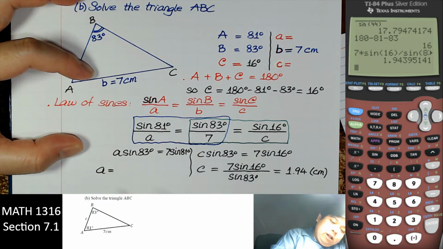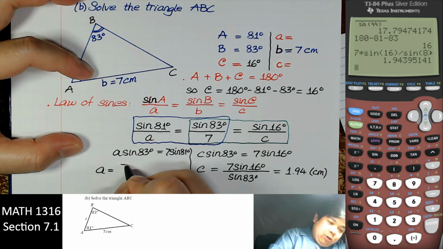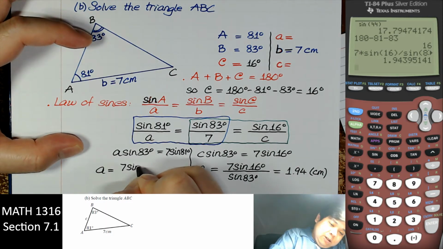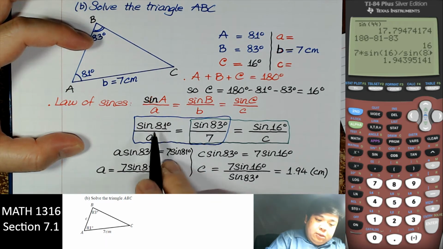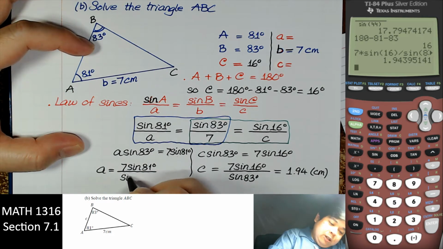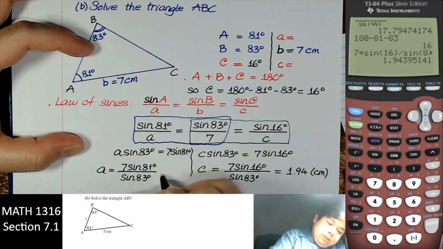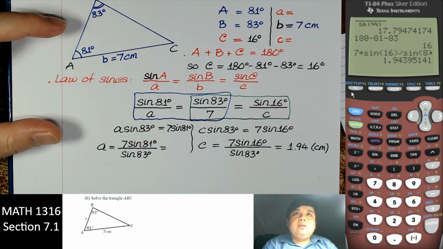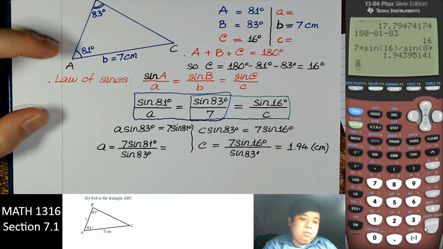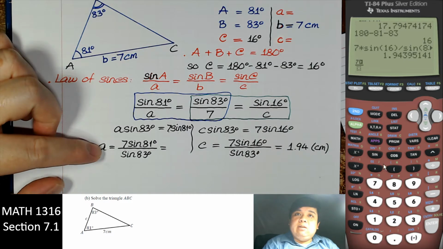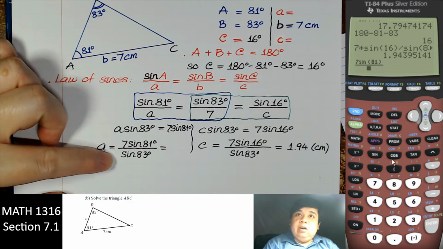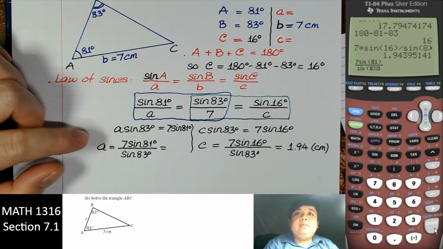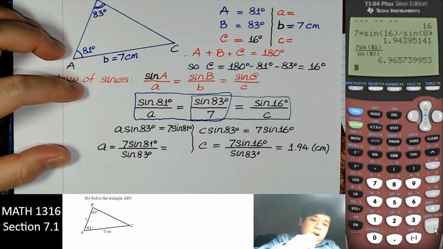And to solve for a, we take 7 sine 81 divided by sine of 83. 6.96.